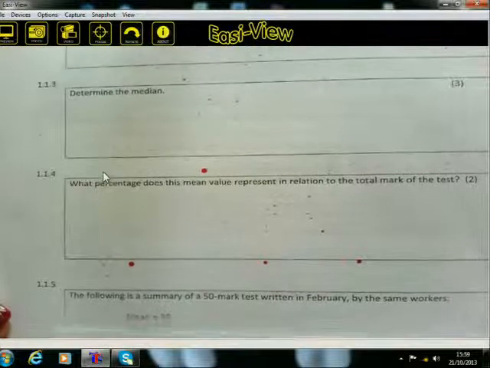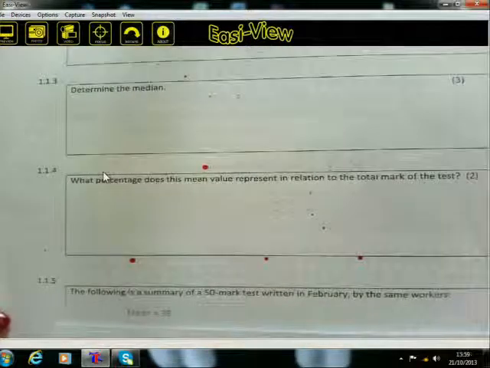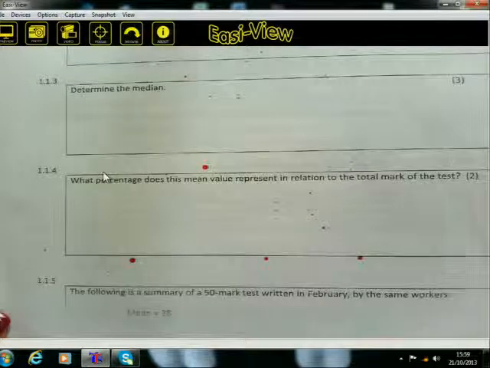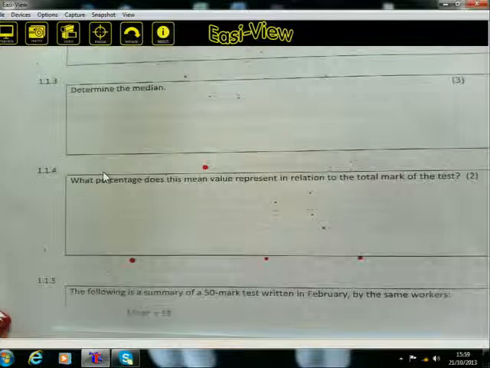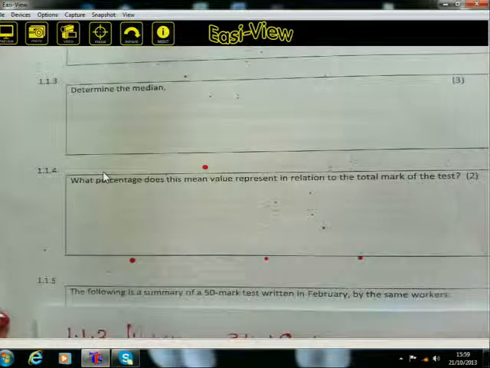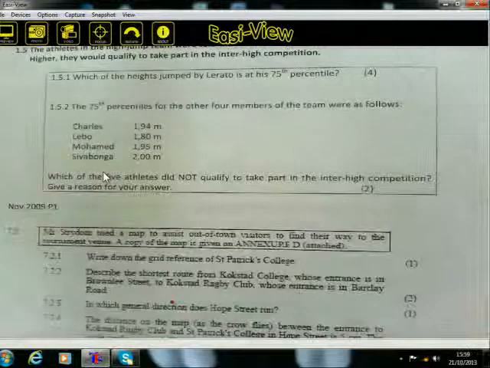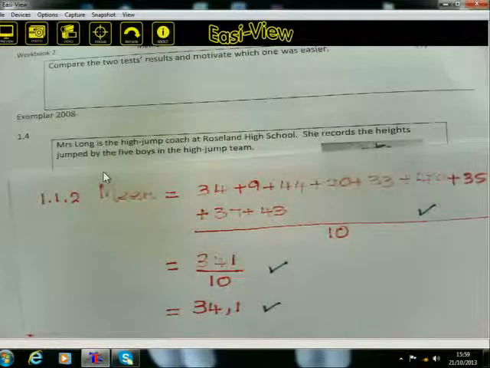So the mean for the first test was 38 and the median for the first test was 35. So we are going to answer that. Let us read what is needed.